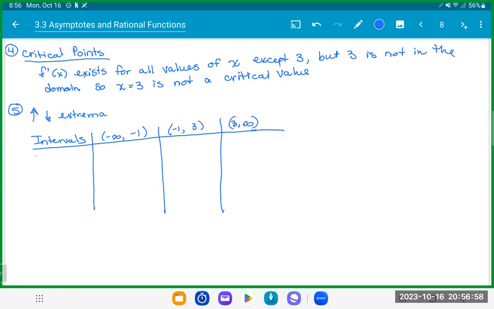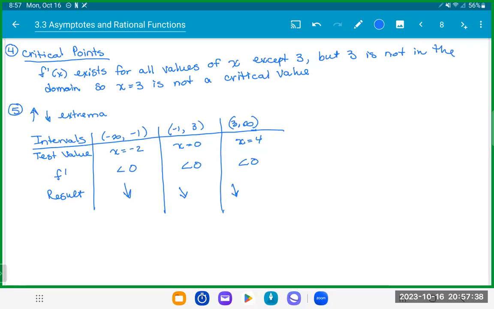We have to have a test value in each of those. We want to determine the sign of our derivative for each. For the first one, we can use x equal to -2. Here we can use x equal to 0. And here we can choose our test value x equal to 4. When we plug those in, this is less than 0, this one is less than 0, and this is less than 0. So they are all decreasing.